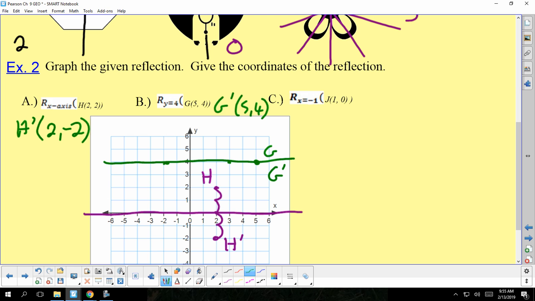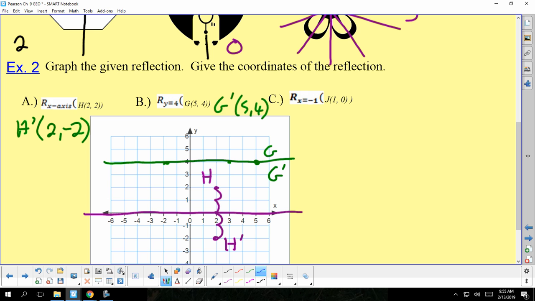For problem C, that's going to be a vertical line. So go ahead and see if you can graph it and find the location of the image of J. Here we go.